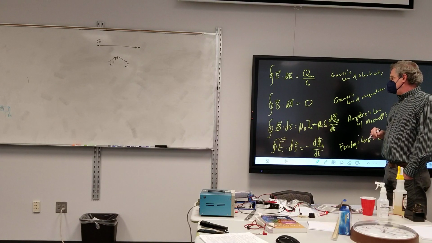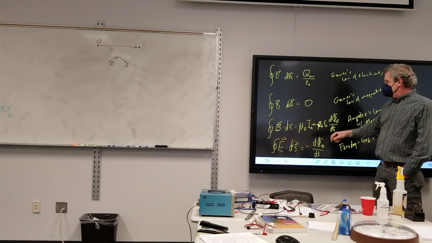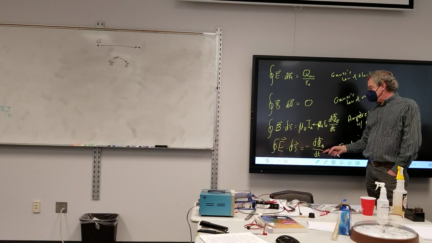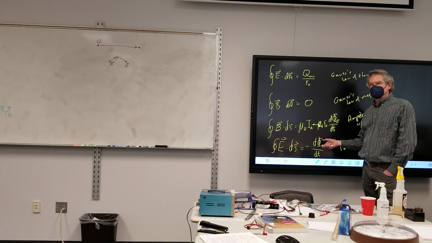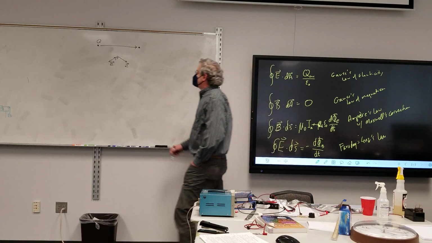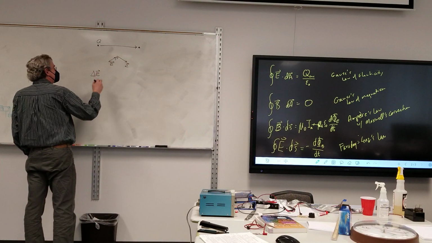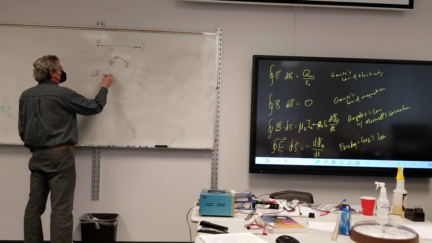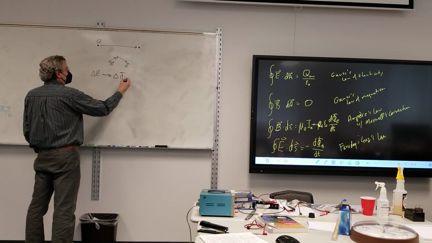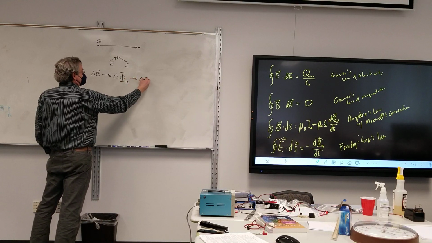Because my electric field changed, my E dot ds is not zero, and so I've got to change my magnetic flux. That change in my electric field causes a change in my magnetic flux, which actually causes a change in the magnetic field.